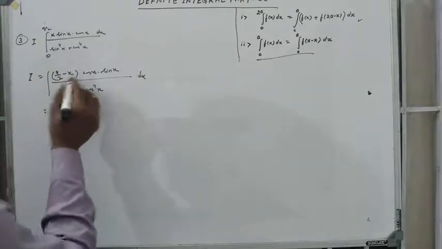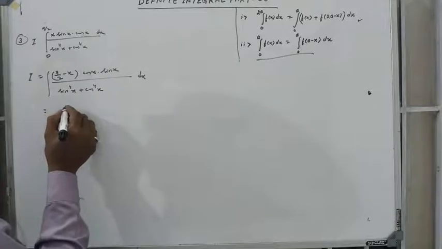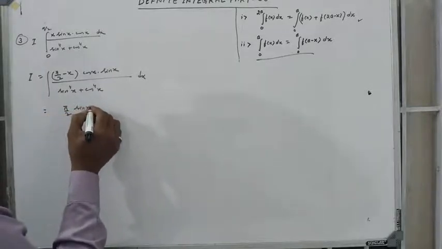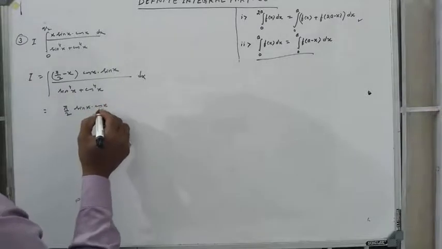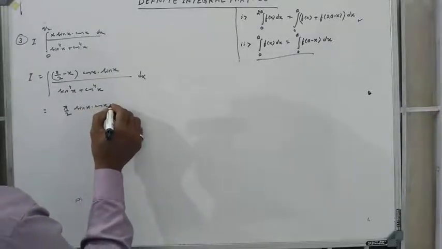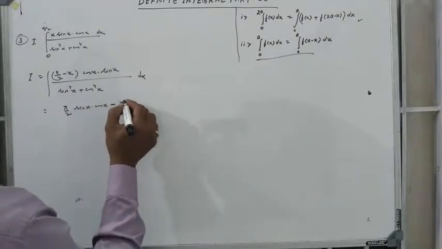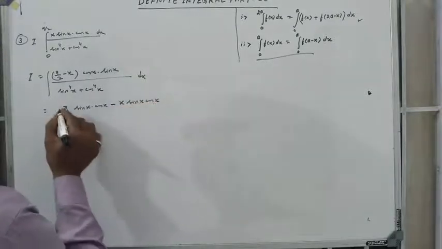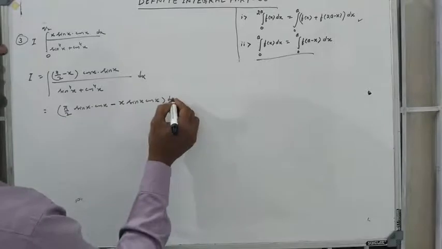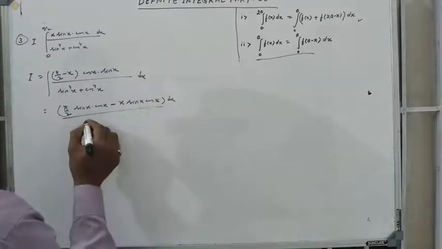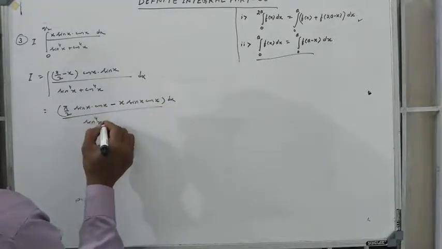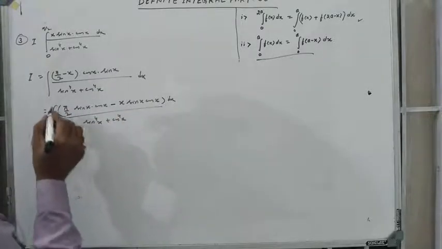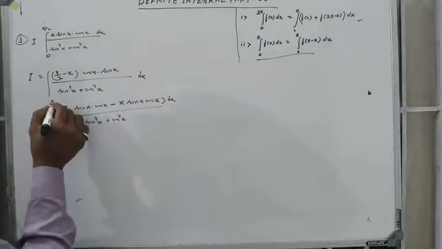But again, if you multiply this, pi by 2 sin x cos x minus x sin x cos x dx, denominator sin 4x plus cos 4x, 0 to pi by 2.